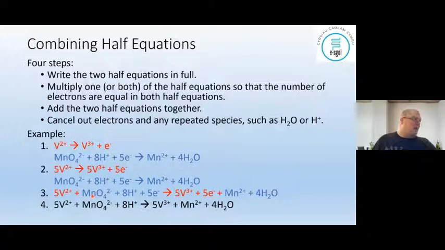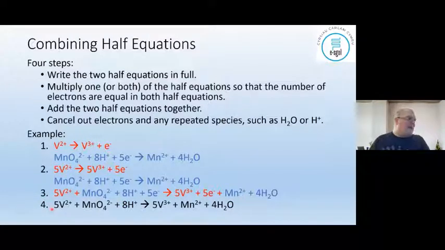And then we need to cancel out any electrons and any repeated species, such as H2O or H+. So if we've got H2O or H+ on both sides of the equation, then we need to cancel those out as well. Now, because we've prepared earlier in step 2 and we've got the number of electrons the same, the electrons just disappear from the equation completely.